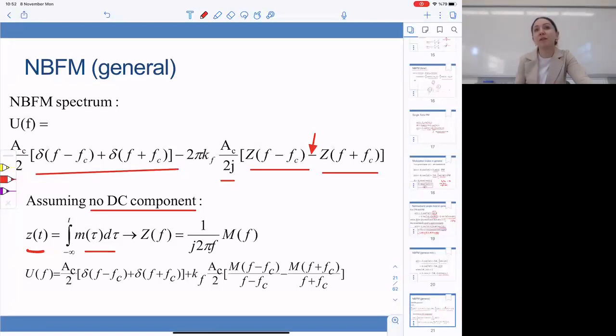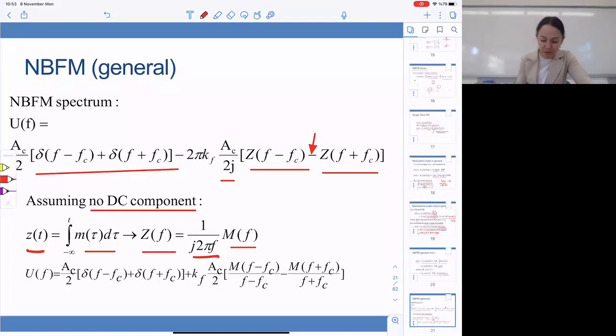If it had a DC component, we wouldn't be able to integrate it, right? And therefore, because of the identity of Fourier transforms, where the integral is a Fourier transform, which is 1 over j 2 pi f times the Fourier transform of m of t itself.